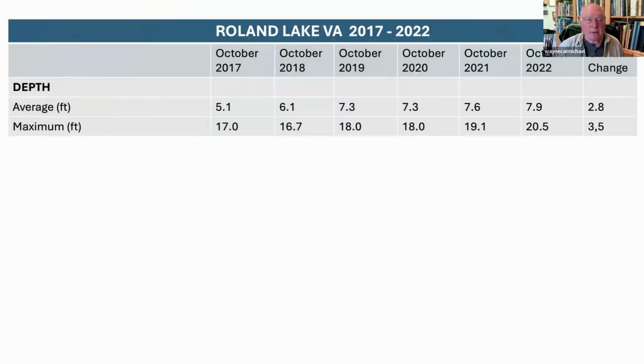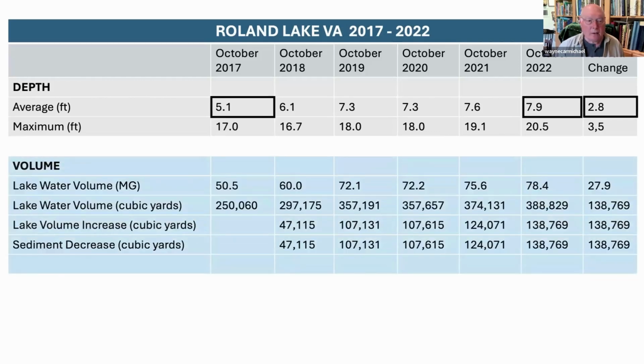And some of the numbers associated with that: the average depth in 2017, 5 feet. By October of 22, improved to 8, for an increase of about 3 feet. And water volume, you looked at cubic yards of water volume, 250,000 in October, about, almost 400,000 in October of 2022, for an improvement of about 140,000, or an improvement of 55% in terms of water volume.